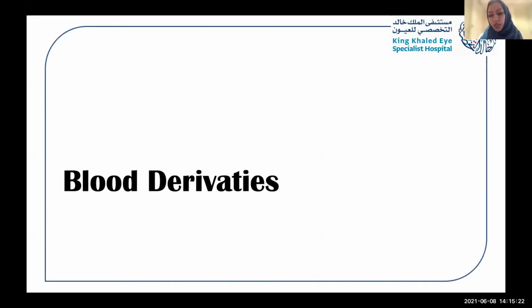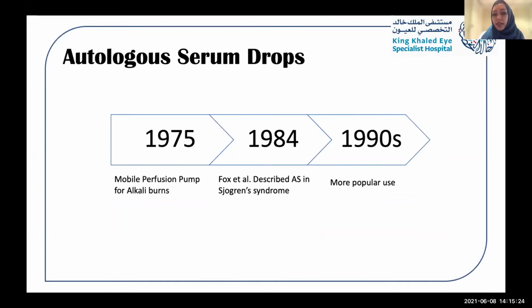Blood derivatives is the other topic that we will talk about, and this is the one that we most commonly use. In 1975, people started using the idea of drops through a mobile perfusion pump over the alkali burn. In 1984, Fox and his group described the autologous serum drop in Sjogren syndrome, and since then they have become more popular.